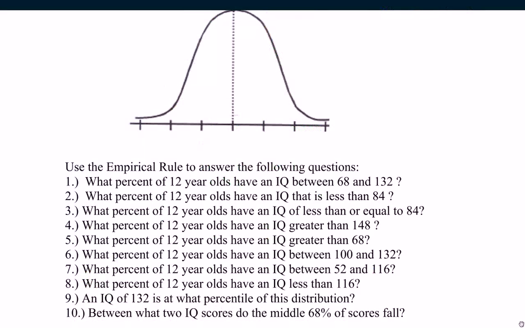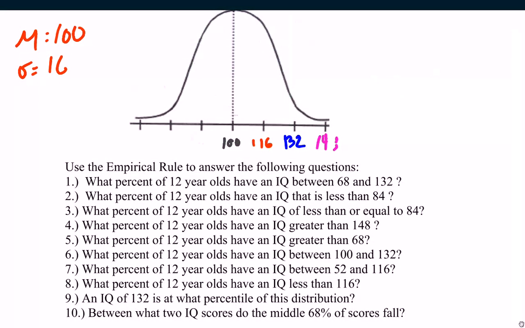So let's look at what an actual problem might read. In this one, we have an average of 100, hey, see that number again, and a standard deviation of 16. So like I said, the first thing I like to do is label. So my mean goes at the middle, 100, and then I'm going to just go straight through and add 16 going to the right. So that would give me 116, 132, 148.